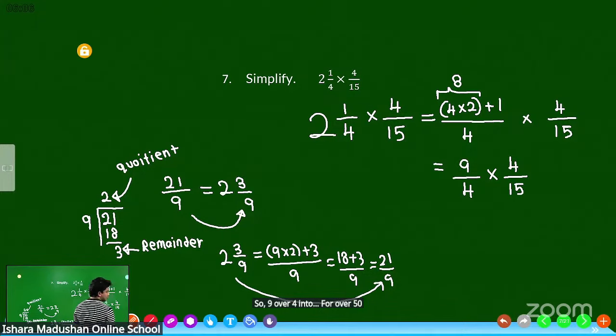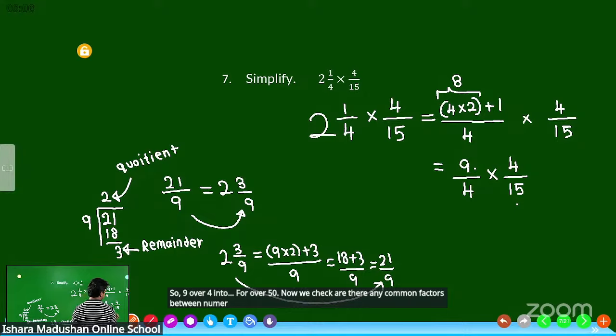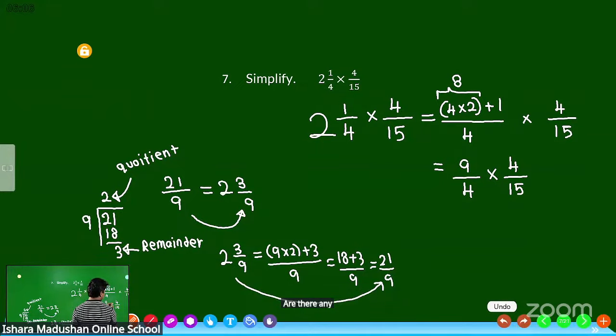Now we check: are there any common factors between the numerators and denominators? Is there any number which divides both 9 and 15? Yes, 3. How many 3s for 9? 3. How many 3s for 15? 5. Then 4 and 4 are both divisible by 4. How many 4s for 4? 1.